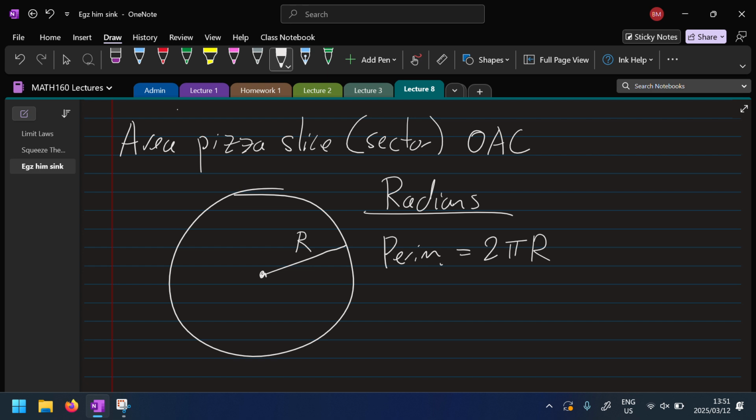So again, instead of looking at it as 360 degrees going all the way around, we look at it in terms of the perimeter. Okay, so 360 degrees going around, that's degrees. We're not going to do that anymore. 2 pi r going around, that's the full perimeter. That's how we work with radians. Now imagine this was a unit circle, then r would be 1.